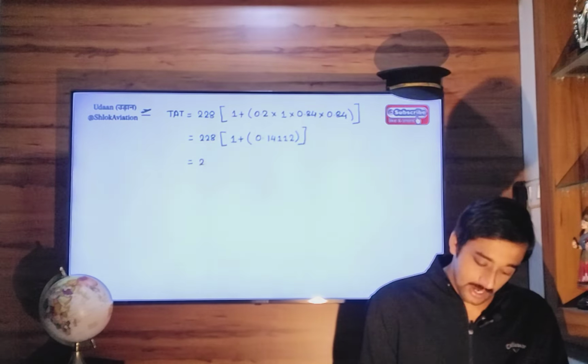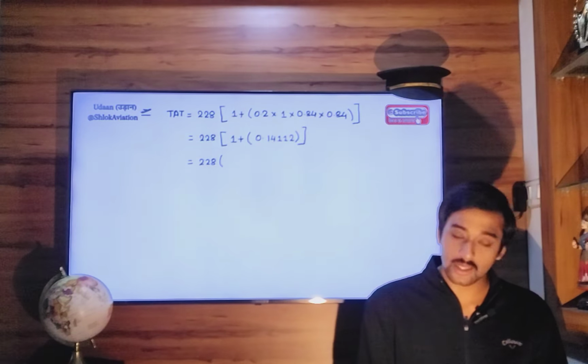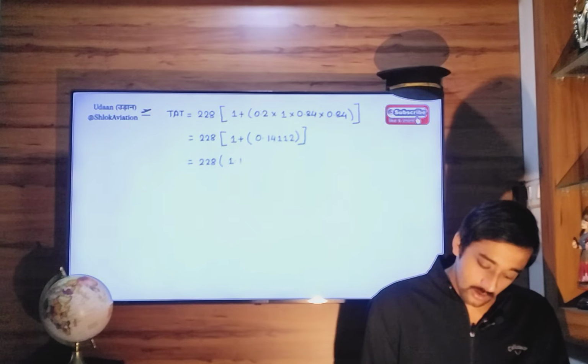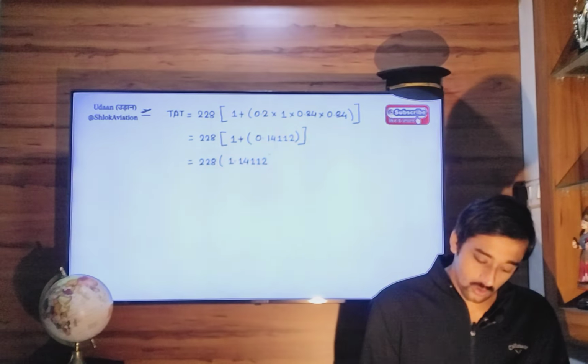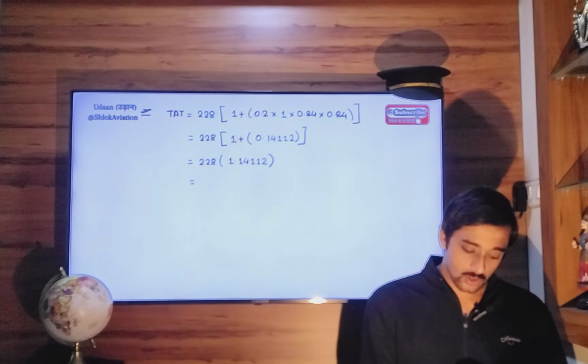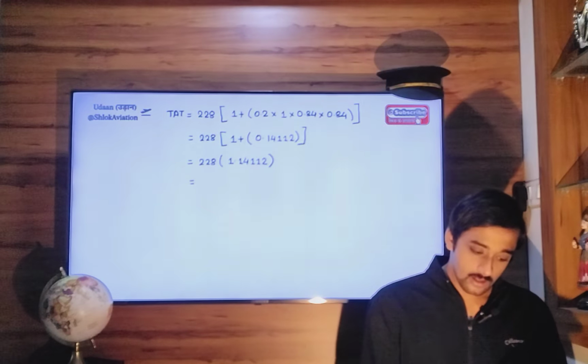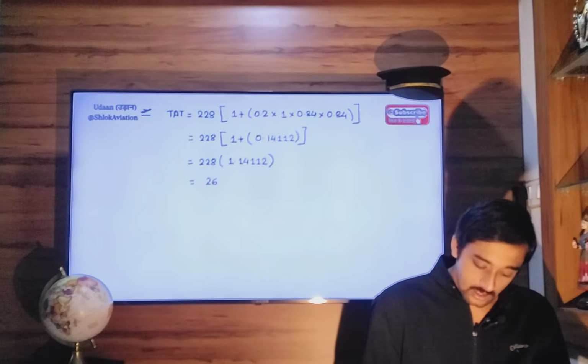So 228 times 1 plus 0.14112 is equal to 1.14112. So 228 into 1.14112, that is 260 Kelvin.